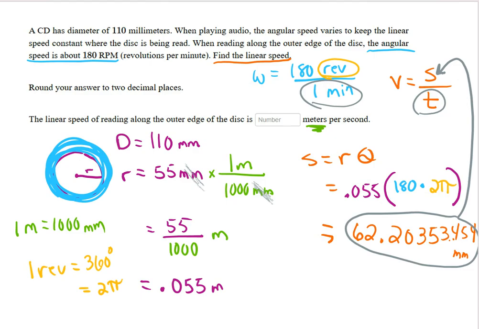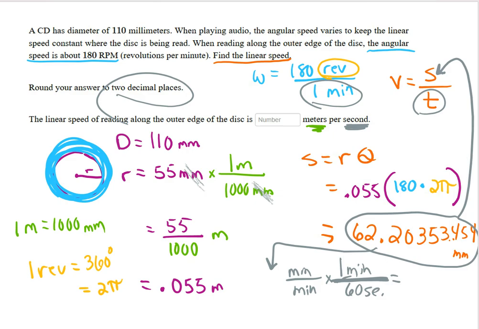It's supposed to be in seconds, so I've got meters per minute. In 1 minute's time, there are 60 seconds. So I have to take this orange number and divide it by 60, and then round to 2 decimal places.